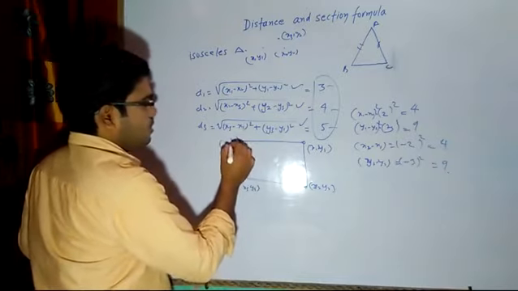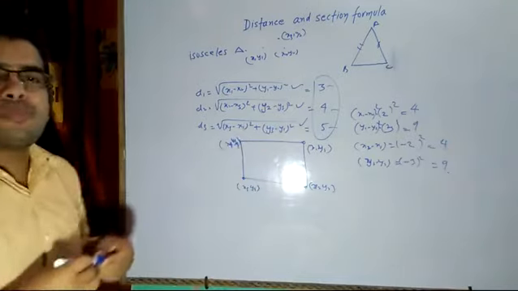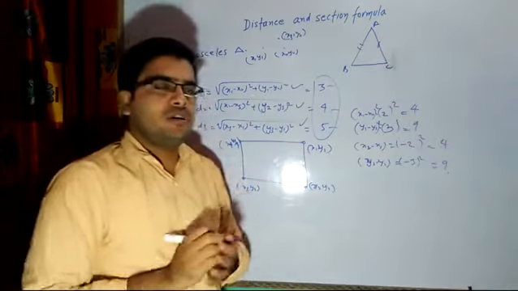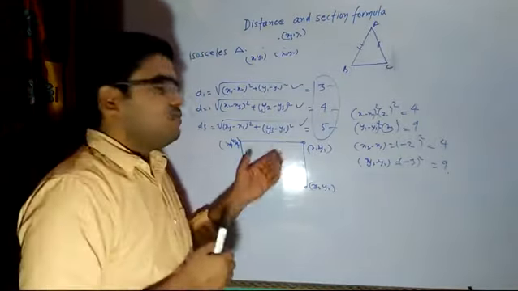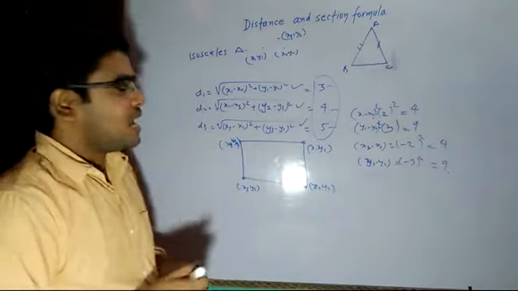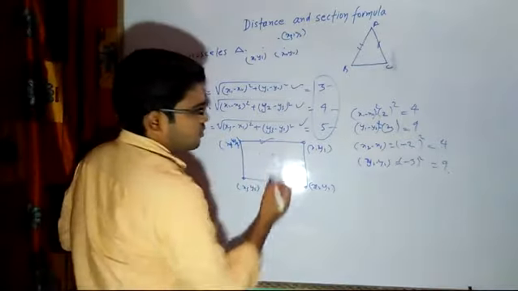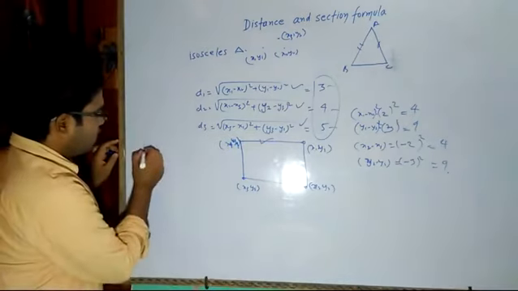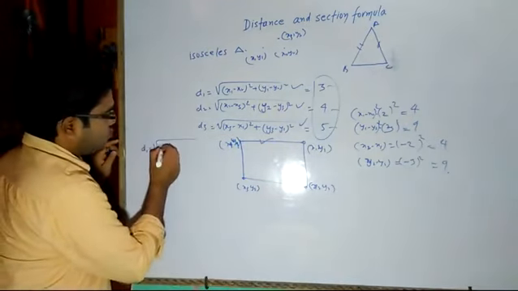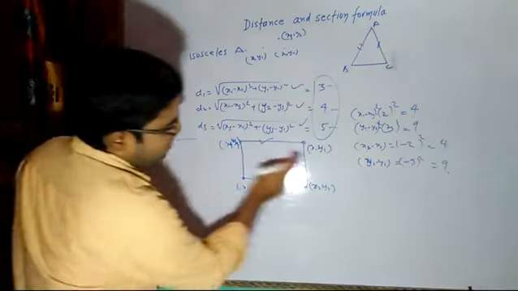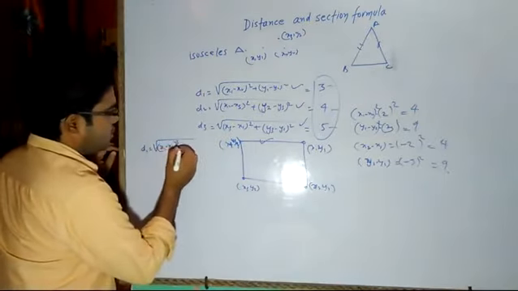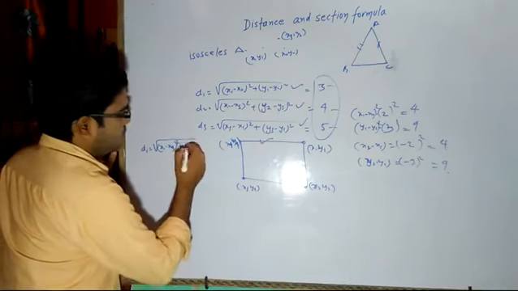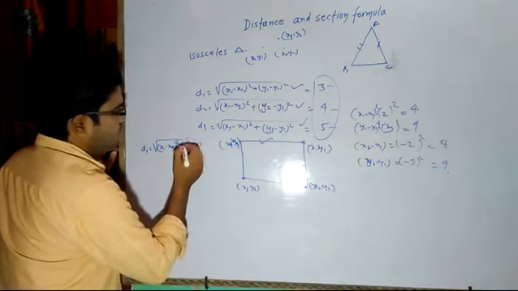Now if they have given four points and are asking you to comment on the type of plane figure that we will obtain, the first task is to find the distance of this side. That is, you will calculate d1, which is the root of (x1 minus x4) whole square plus (y1 minus y4) whole square.